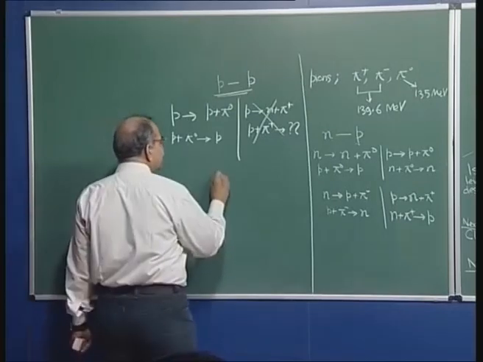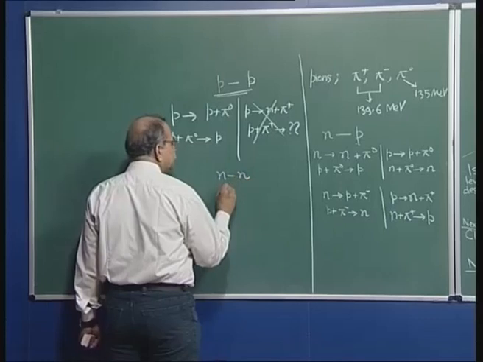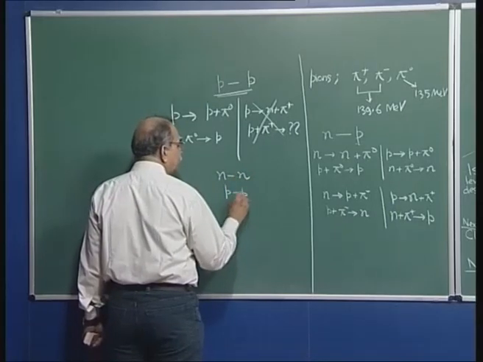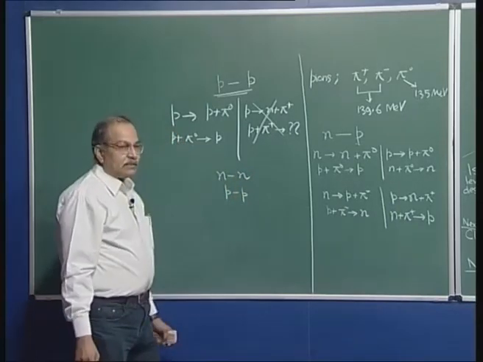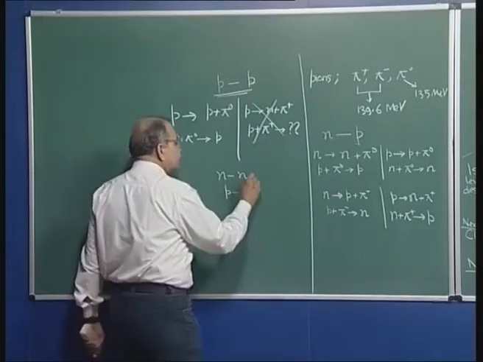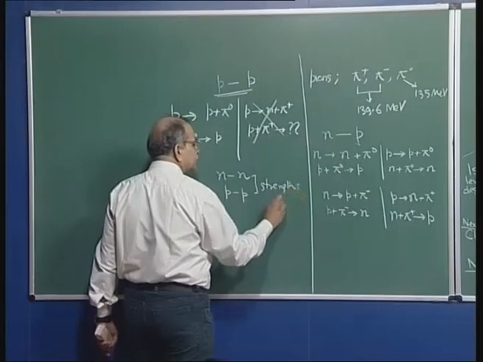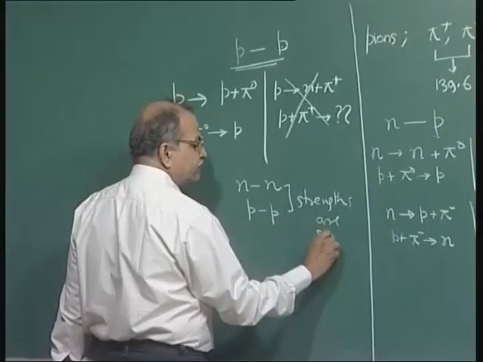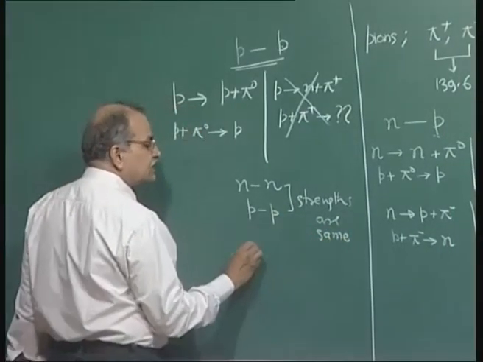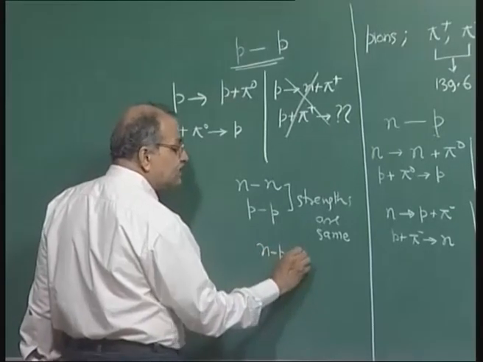And if you analyze this NN and PP, the strength of this and this are same, whereas that of NP is slightly different.